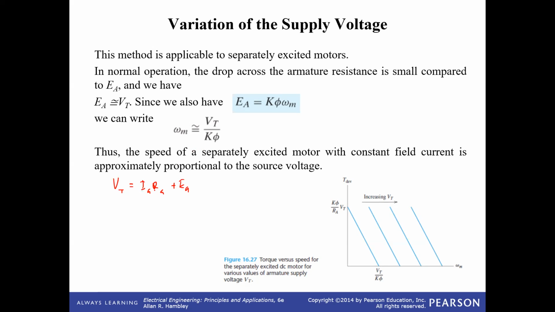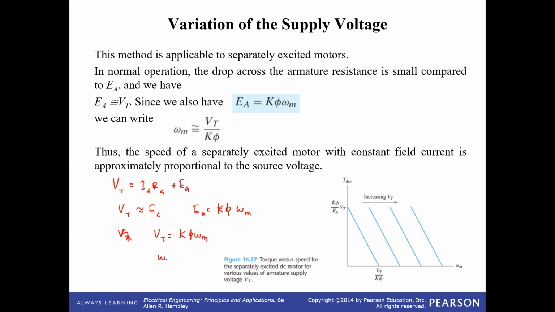And we know that RA, the internal resistance of the circuit, is usually very, very small. So we can assume that the terminal voltage is approximately equal to EA. EA is equal to K flux omega, while maintaining the field constant, meaning that you can control the speed by controlling the V terminal.